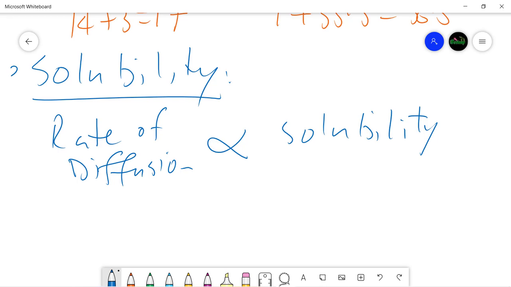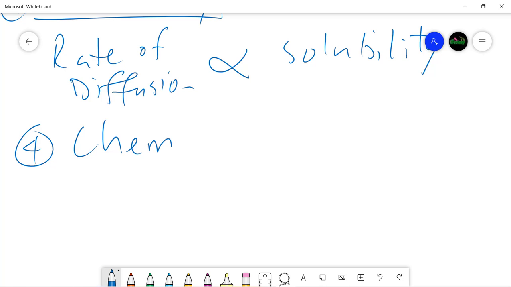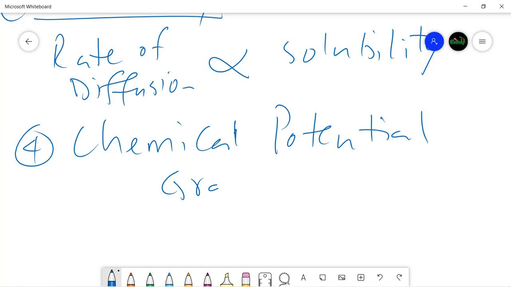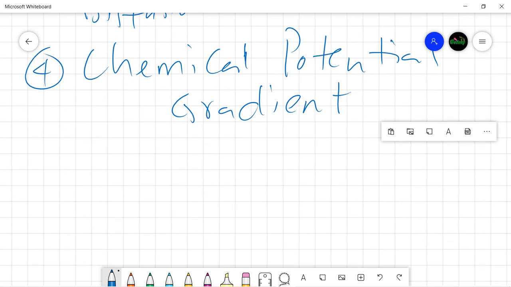And finally, we have chemical potential gradient. We have already seen this concept in terms of concentration gradient. So we discussed that if there is a difference in concentration and the gradient is greater, the diffusion will be faster. Similarly, now we are talking in terms of chemical potential gradient.